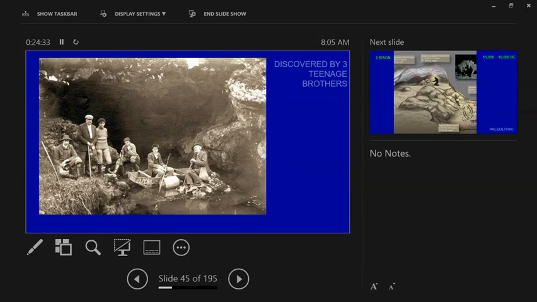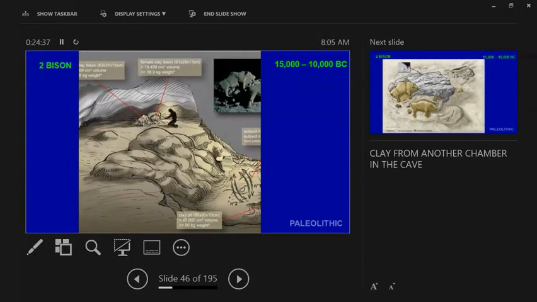And there were three teenage brothers who were exploring a cave, and they found this artwork called Two Bison. In the cave, they found this sculpture of two bison, and it appears as though the clay that was used on the sculpture came from a different part of the cave.